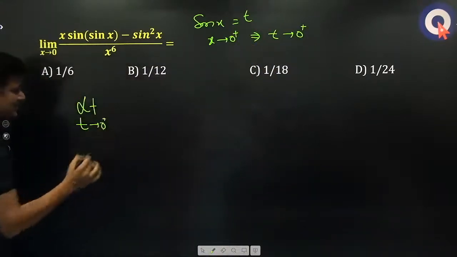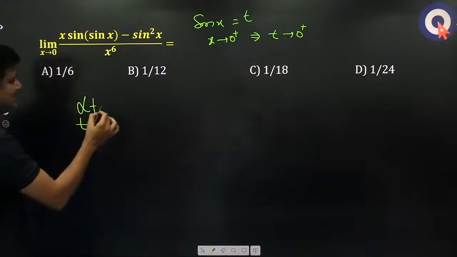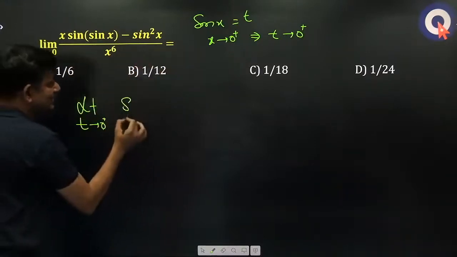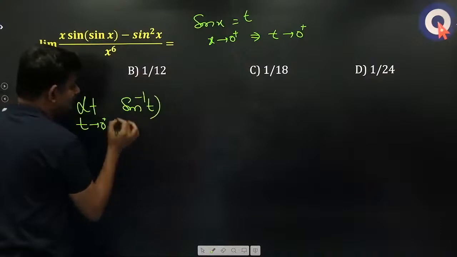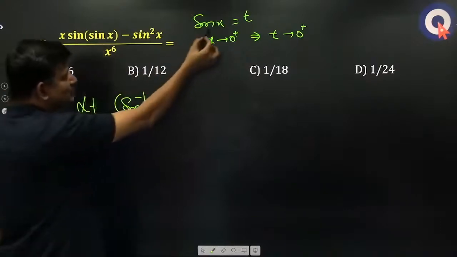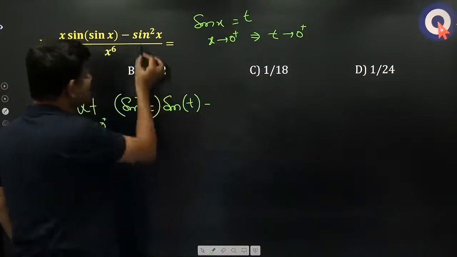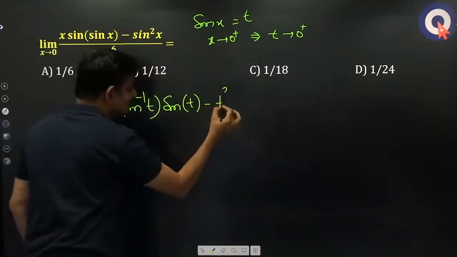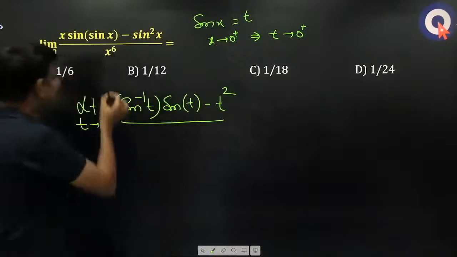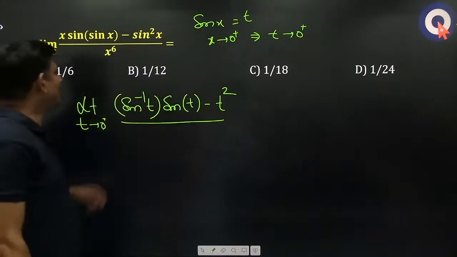So this limit changes to t tending to 0, plus x is what? Sin inverse t. Sin of sin x is what? Sin of t, minus sin x is t. So this is t square divided by sin inverse t whole power 6.